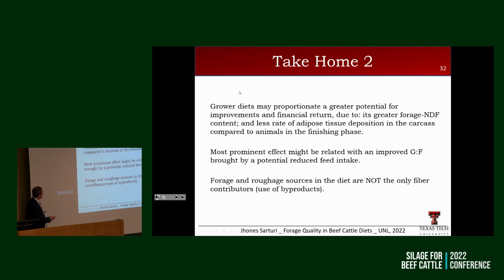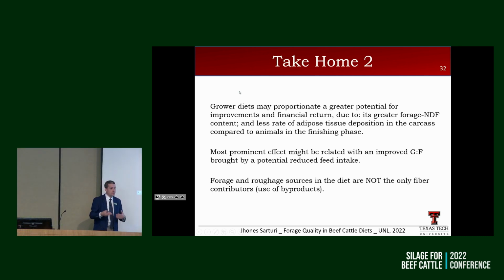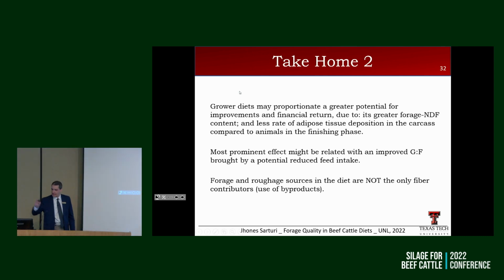And to finish here, these grower diets provide a greater return or improvement due to mainly two things. One, the greater proportion of fiber that they had inside those diets. And the second one is because of the growth and development of that animal.